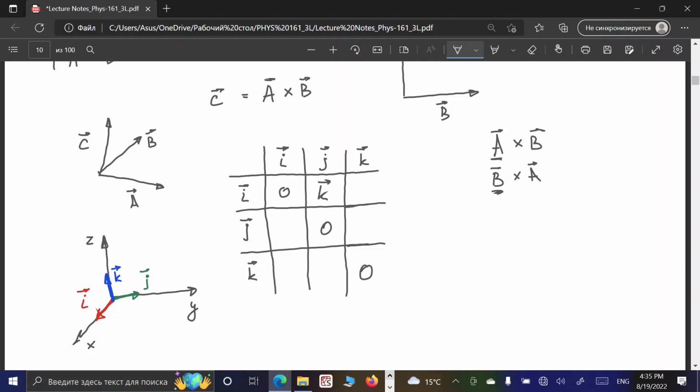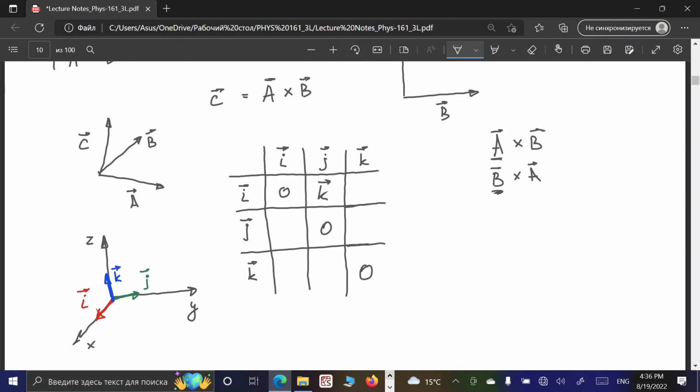Let's go further and let's see i times k. Okay, so here is an important thing, because when we have i times k, that should be something like this. We rotate our right hand like this.